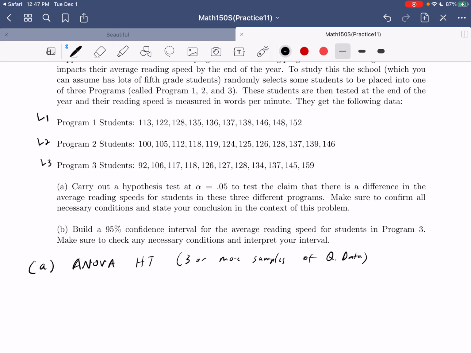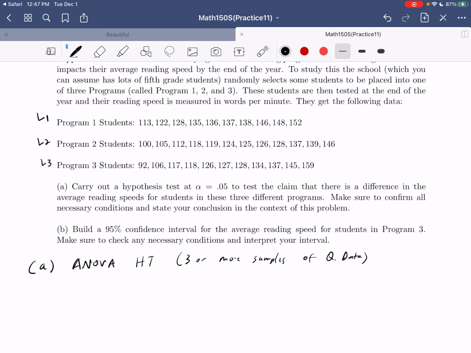Then in L2, we've got 100, 105, 112, 118, 119, 124, 125, 126, 128, 137, 139, and 146. And then finally in L3, we will put all the Program 3 students, 92, 106, 117, 118, 126, 127, 128, 134, 137, 145, and 159.